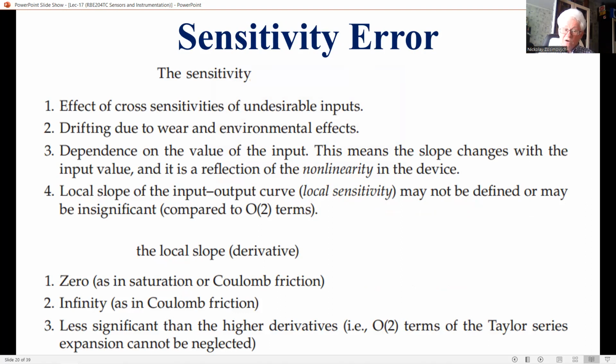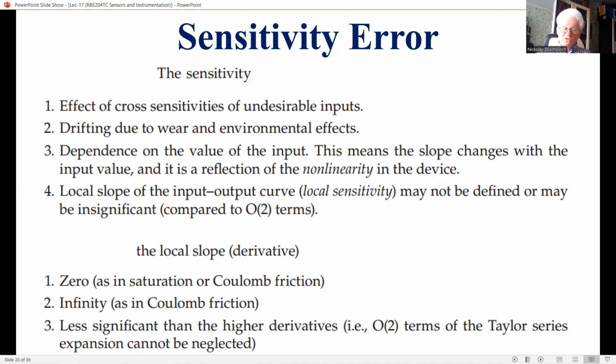The sensitivity, which is the slope of the input-output curve of a device, may not be accurate for reasons such as, first of all, the effect of cross sensitivities to undesirable inputs. And next, drifting due to wear and environmental effects, or dependence on the value of the input. This means the slope changes with the input value, and it is a reflection of the nonlinearity in the device.